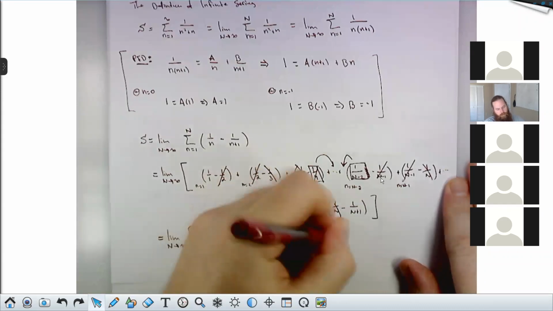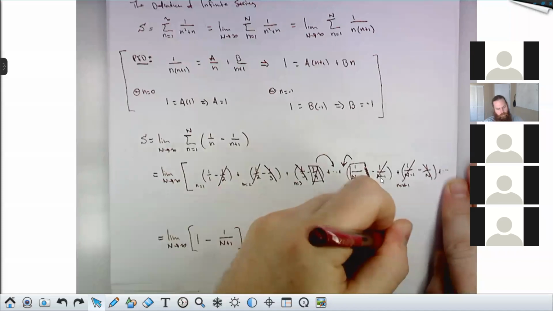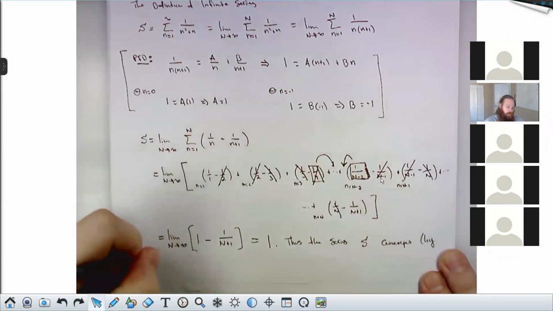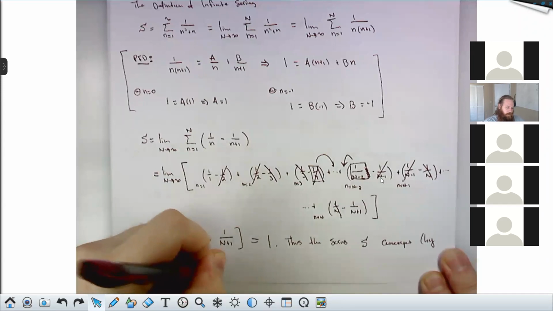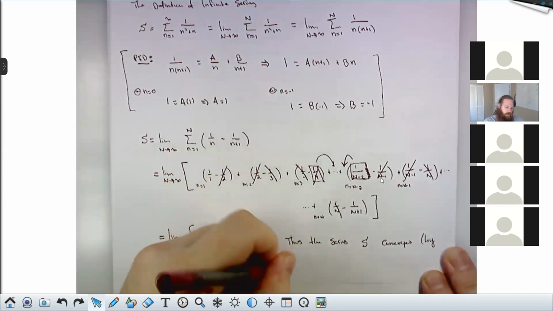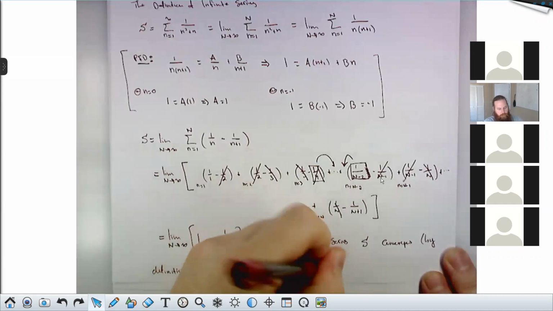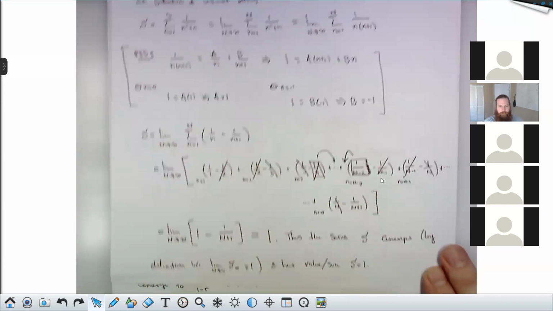Thus, the series S converges, and that's by the definition, because the limit as capital N goes to infinity of Sn exists and is equal to 1, and has value, or sum, S equals 1.